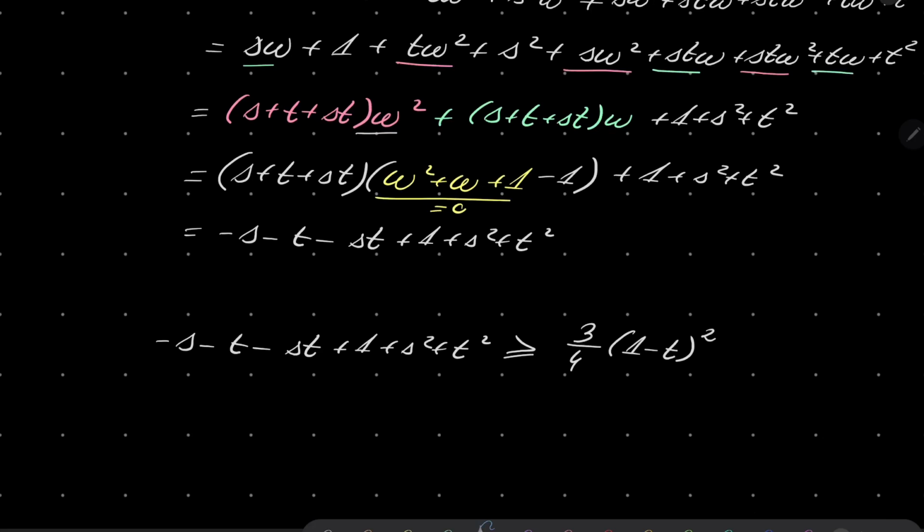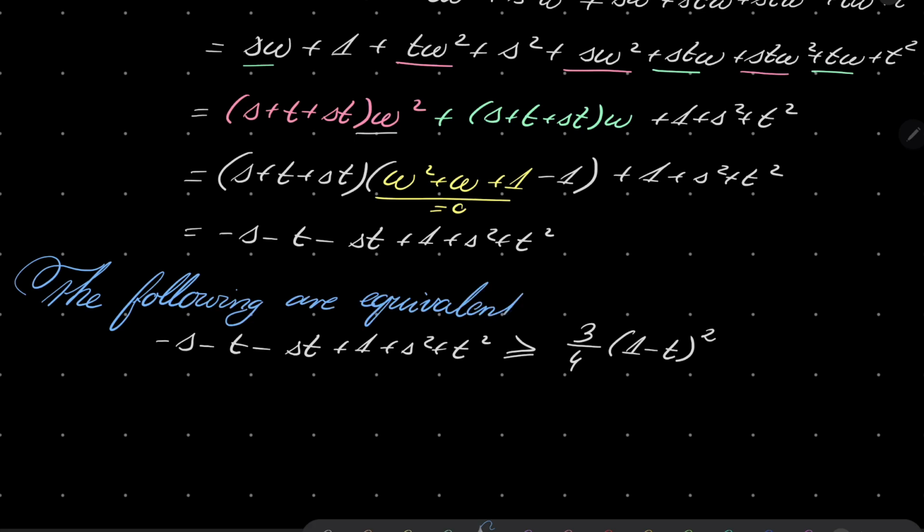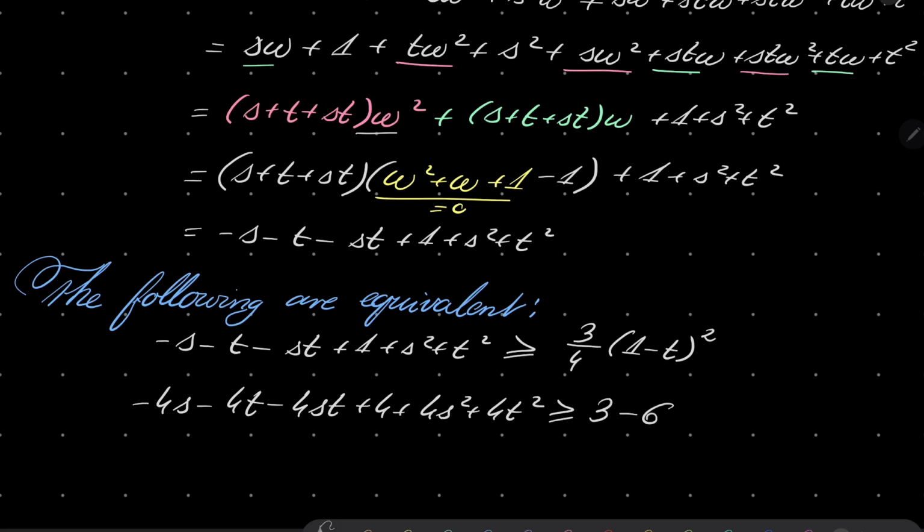The following inequalities are equivalent. This inequality is equivalent, after multiplication by 4, to minus 4s minus 4t minus 4st plus 4 plus 4s squared plus 4t squared greater than or equal to 3 minus 6t plus 3t squared.